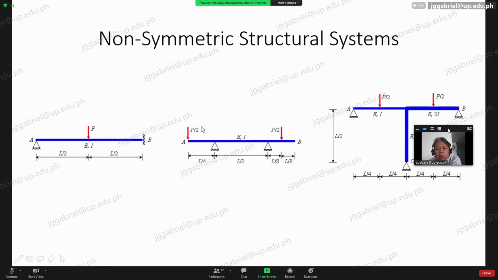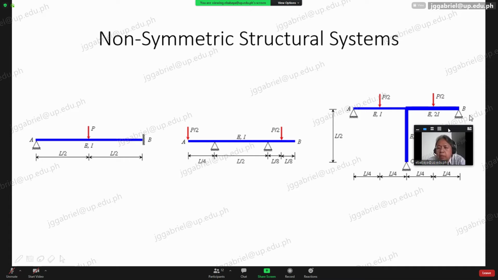Although the loadings are equal in magnitude, they are not acting at symmetrical locations, so your system wouldn't be symmetrical, or in practical terms, they won't be mirror images.